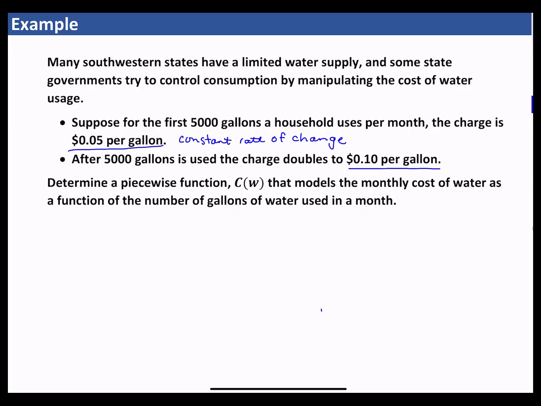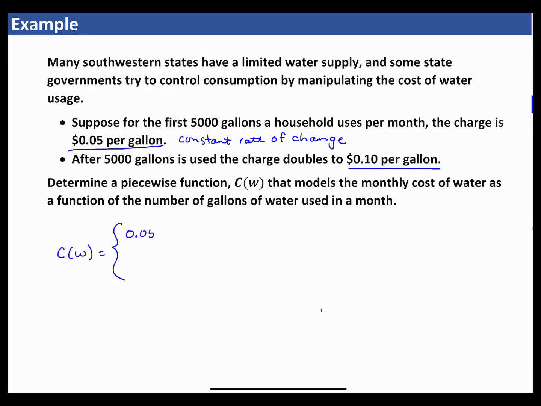Determine a piecewise function C of W that models the monthly cost of water as a function of the number of gallons of water used in a month. So as stated, we know that we're going to have a linear function, and for the first 5,000 gallons, we know that it's just 5 cents per gallon.